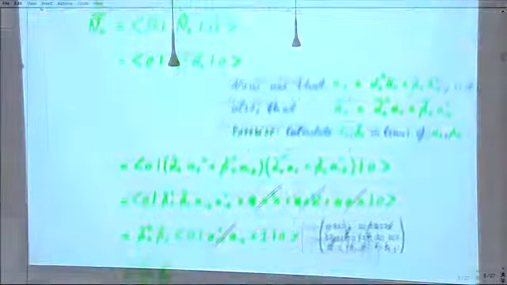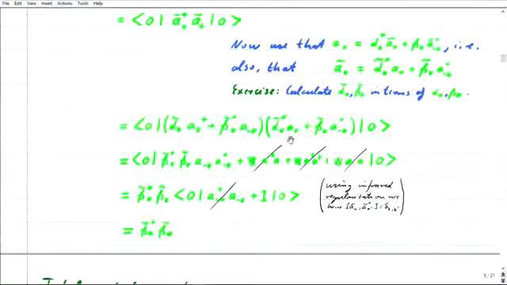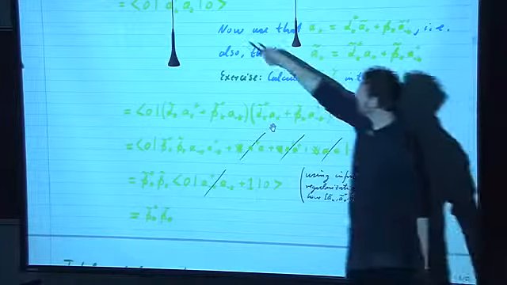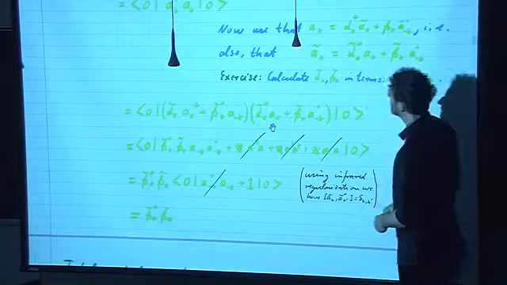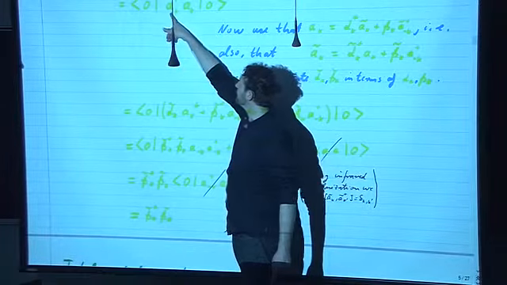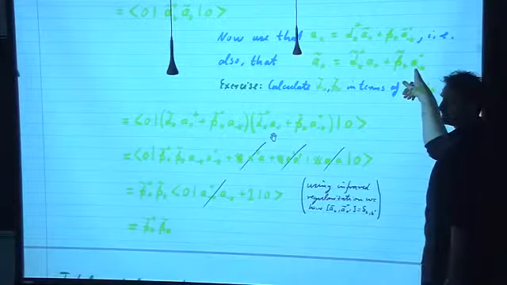Now once we have the alpha tildes and the beta tildes, we can go into that expression here and express the A tilde and the A tilde dagger in terms of the A and the A dagger.